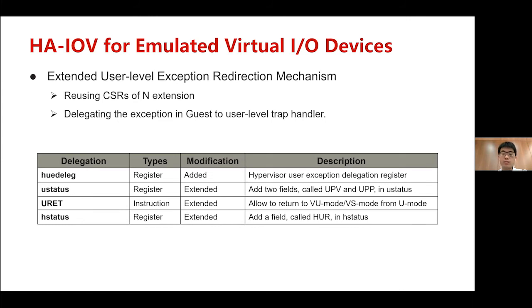At that time, the uret instruction is extended with the semantic of returning to VS mode or VU mode from U mode. Further, to avoid abusing the uret instruction, a new field called HUR is added in hstatus.